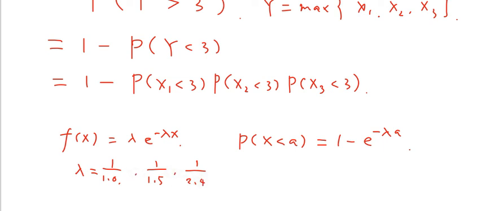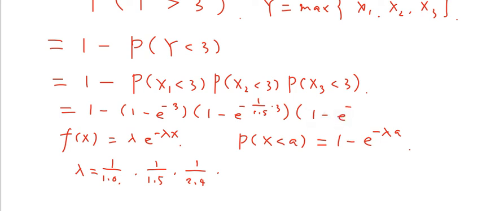So those are the lambdas, and we can plug in: 1 minus e^(-3), then 1 minus e^(-(1/1.5)·3), and 1 minus e^(-(1/2.4)·3), or just 3 divided by 2.4. Use your calculator and you can find this.